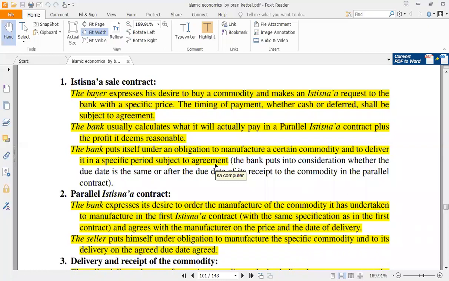The parallel contract, another contract which is parallel to the sale contract, in which the bank works as buyer. The bank expresses its desire to order the manufacture of the commodity it has undertaken to manufacture in the first sale contract. Here, the bank explains its desire before the manufacturer to manufacture the specific items over a specific time period.